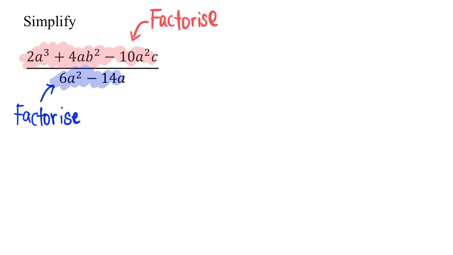Okay. So for the first part of the question, I saw that there is a common factor 2. 4 can divide by 2, 10 also can divide by 2. And I also saw a common factor a. And thus I'm left with a power 2. 4 divided by 2 is 2.